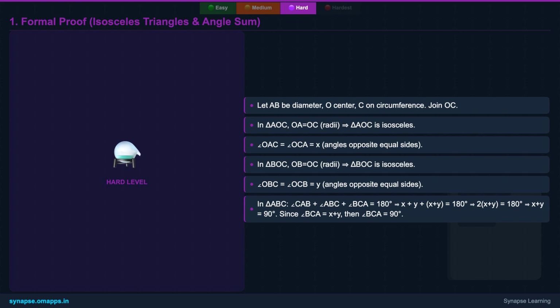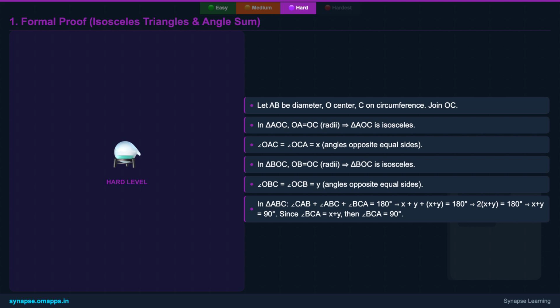Let's call this Y. Now, consider the big triangle ABC. The sum of its angles is 180 degrees. So, angle CAB plus angle ABC plus angle BCA equals 180 degrees. Substituting our X and Y values, we get X plus Y plus X plus Y equals 180 degrees.